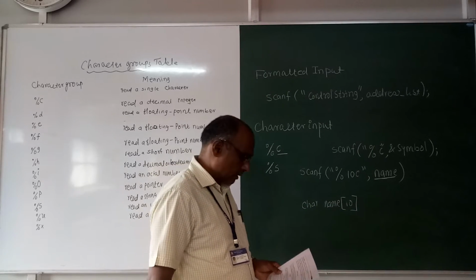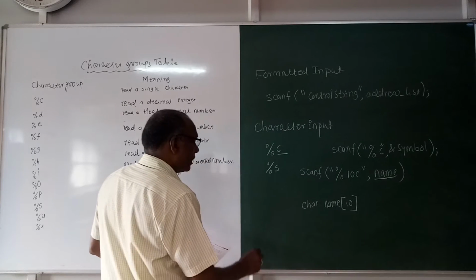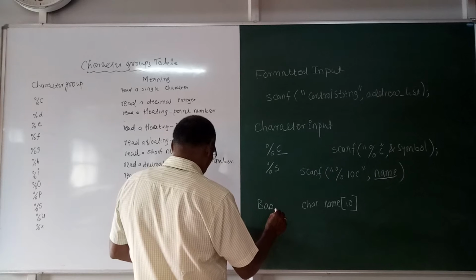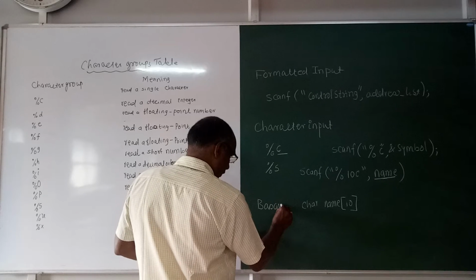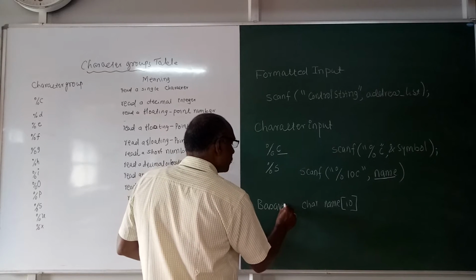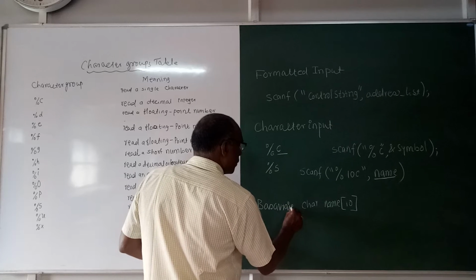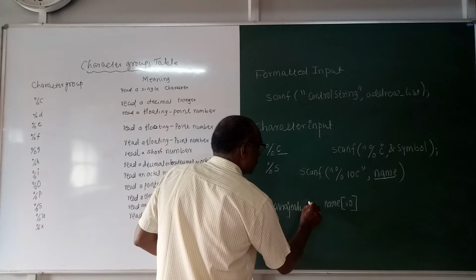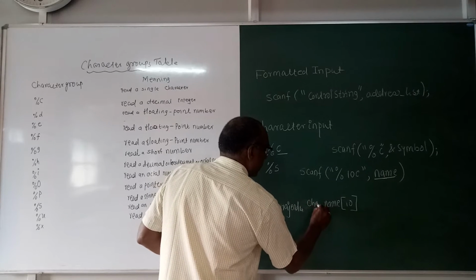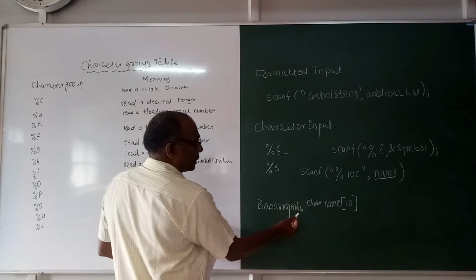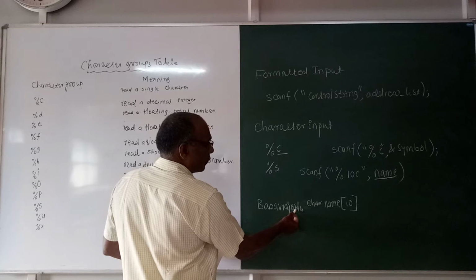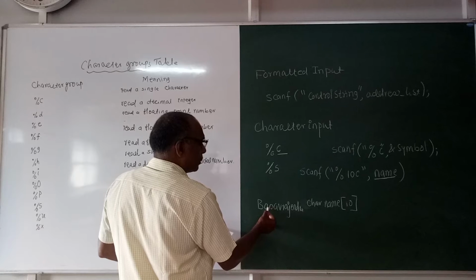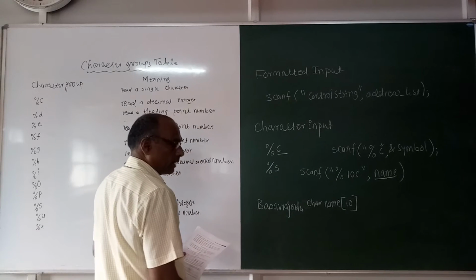Say for example, the name is something, say Basav Rajendra. Look at the characters. It has 1, 2, 3, 4, 5, 6, 7, 8, 9, 10, 11, 12, 13. Right?